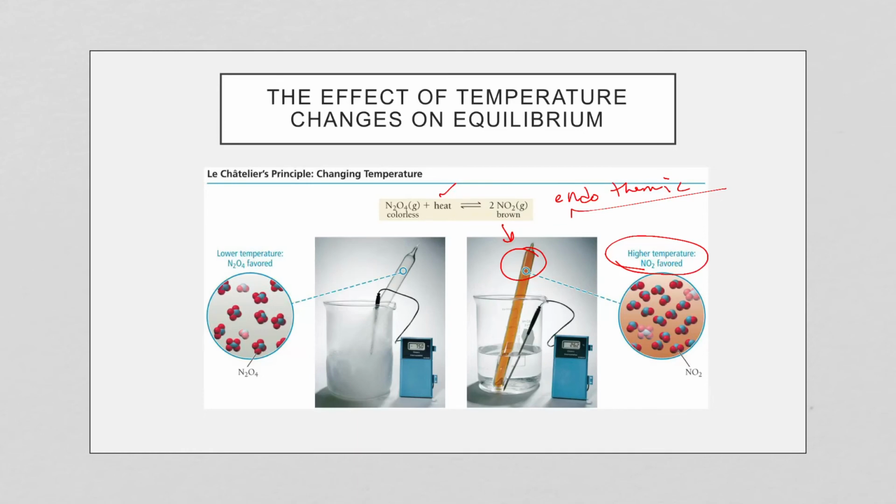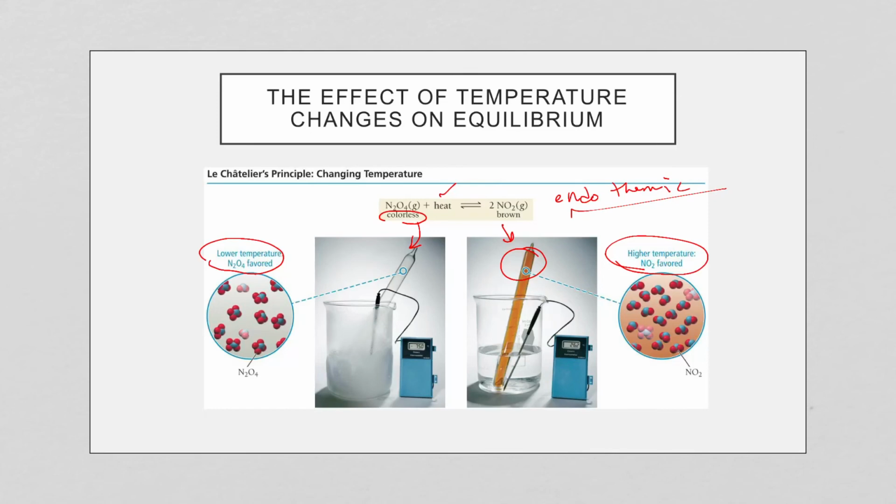Now, if I lower the temperature, I can cause that equilibrium to shift. Lowering the temperature is going to shift toward heat, to try to generate more heat to counteract the lowering of the temperature. So we're going to shift toward the colorless N2O4 reactant, as we see here.